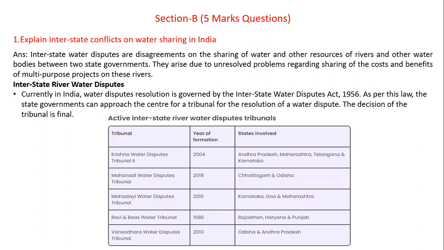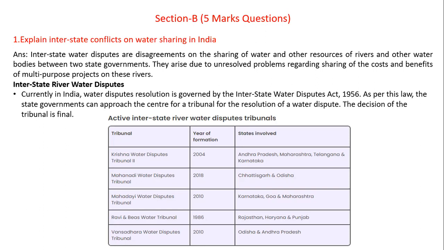Therefore, there is a huge demand for water, and when these resources are disputed between the states, this leads to what we call interstate conflicts on water. They arise due to unresolved problems regarding sharing of the cost of transportation of water and benefits of multi-purpose projects on these river waters. Now let us look at the interstate river water disputes.